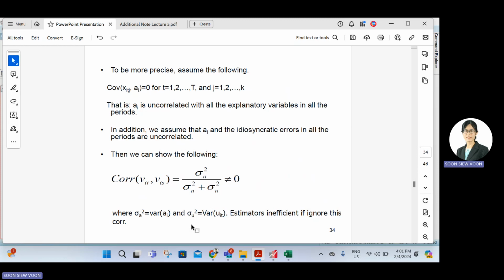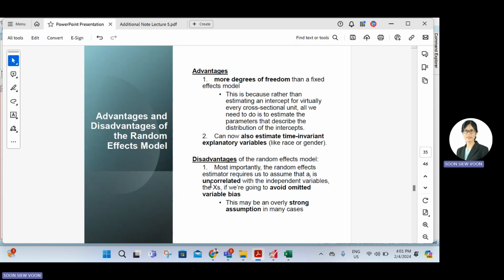So these refer to the same thing now. Sigma squared actually equals the variance for the A. So the estimator might be inefficient if we ignore this correlation. So you have to take this correlation into account. Later on in the estimation, it might provide you a much clearer picture when we estimate the fixed effect and random effect, right? Yes, we will give you a much clearer picture when we have a hands-on analysis.